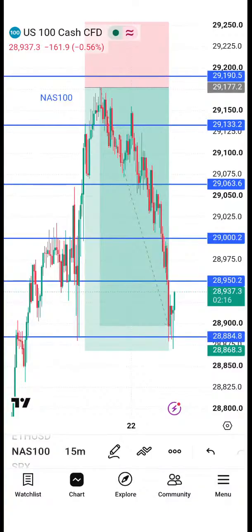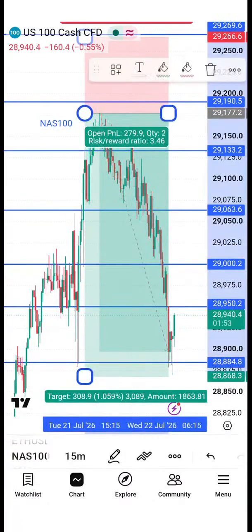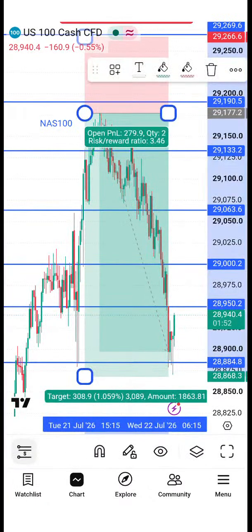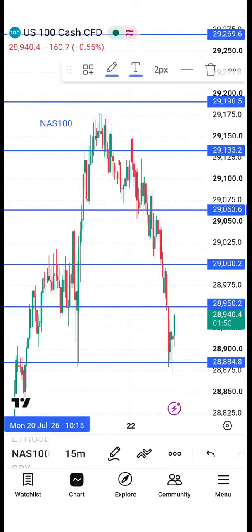This is so amazing. Just take a screenshot here. All take profits were hit on NAS100. Let's try to analyze it again and see if we can get some entries.